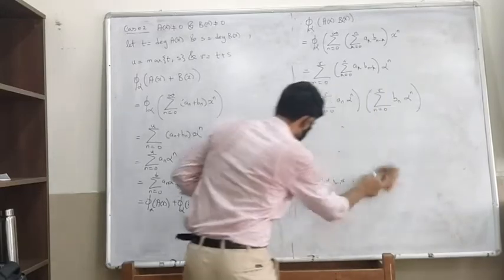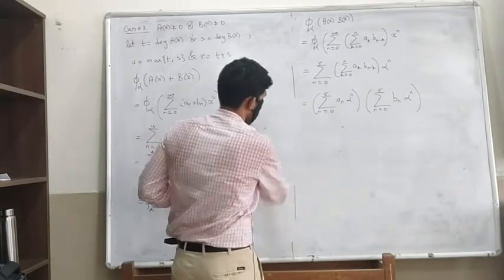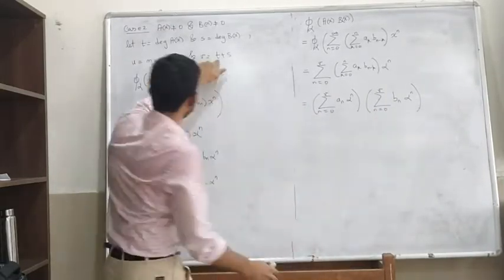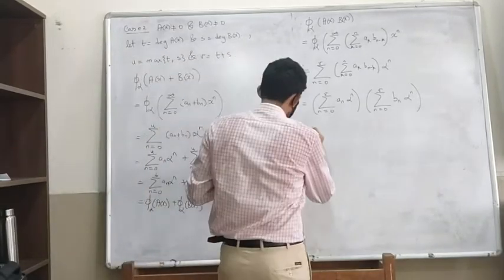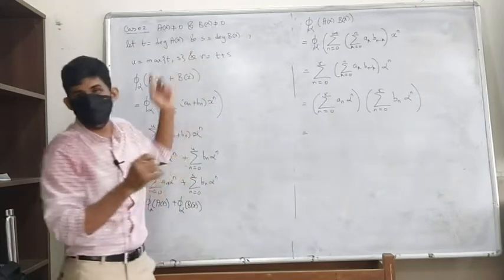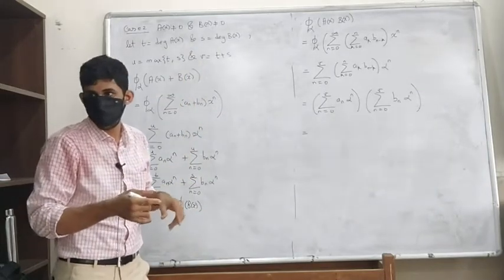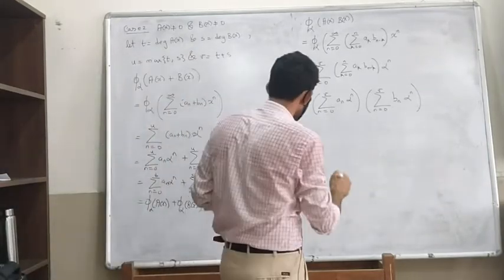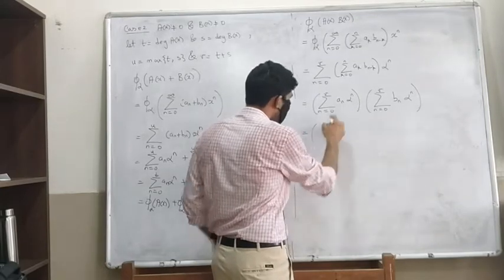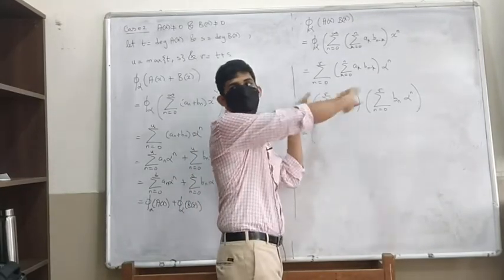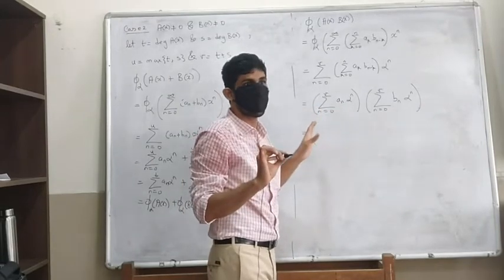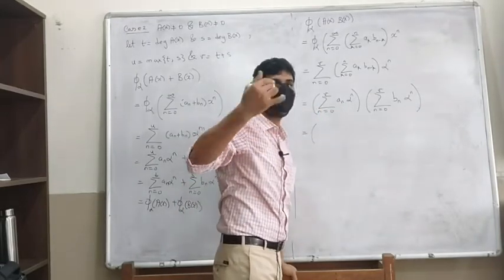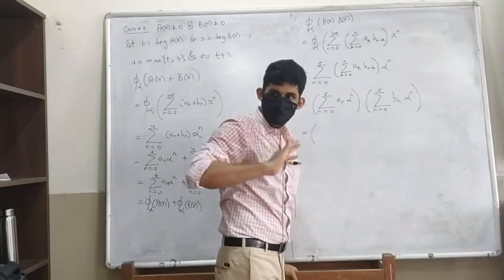But since V is nothing but T plus S, and we know that T plus S is greater than or equal to T and S also, after the Tth stage everything is going to be 0, because the an's after T are all 0.